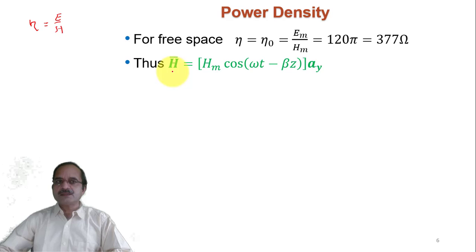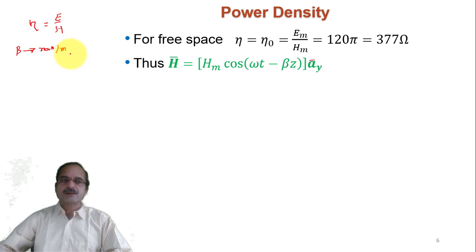So it is H equal to Hm, the peak value of magnetic field intensity, cos omega t minus beta z Ay, because it is oriented in y direction. As we have seen earlier, omega is the angular velocity, t is the time, and beta is the phase constant. The unit of phase constant is radian per meter, and z is the distance.